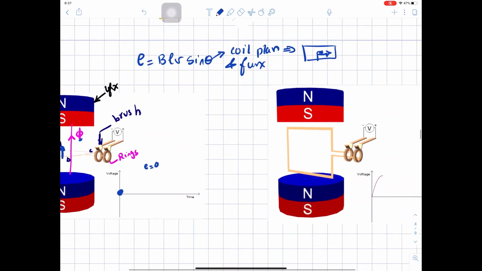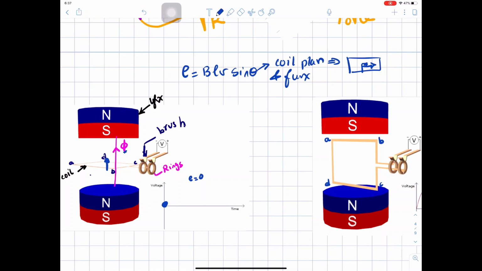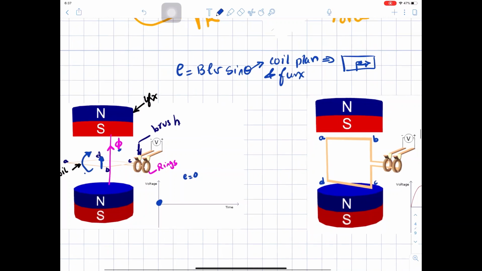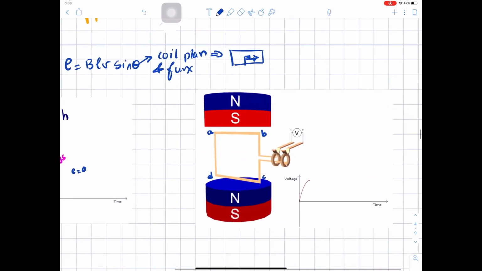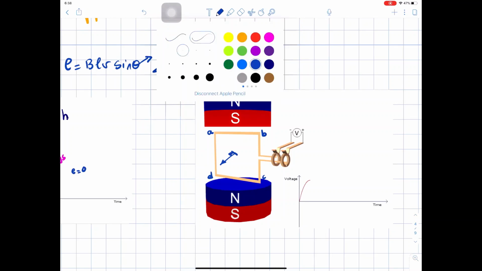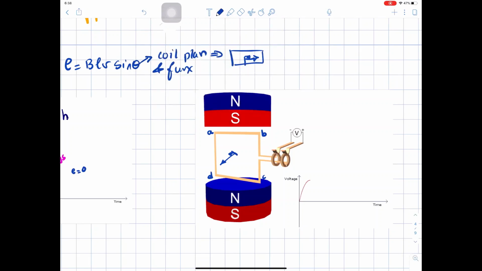Now we are assuming that the coil will rotate, so here is A, B, C, D. We are assuming that the coil is rotating in this direction. So the coil rotated 90 degrees. So here is the direction of the coil, which is perpendicular to the plane of the coil, and the direction of the flux is going up. So this angle is 90 degrees.